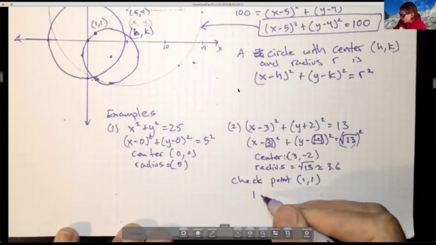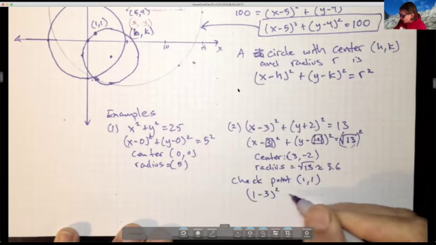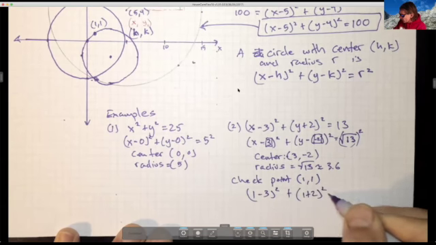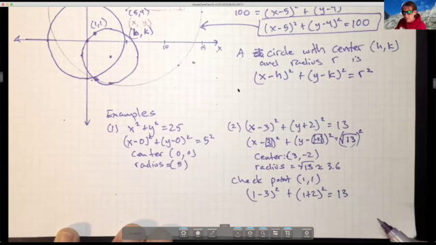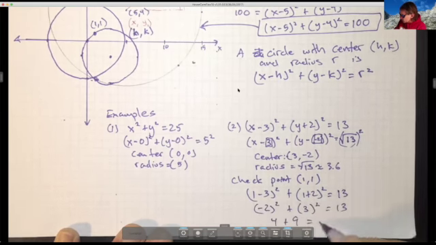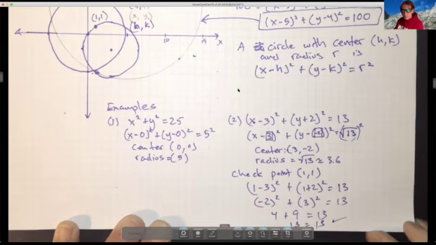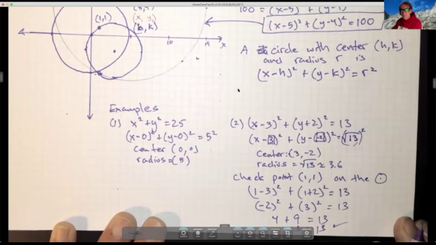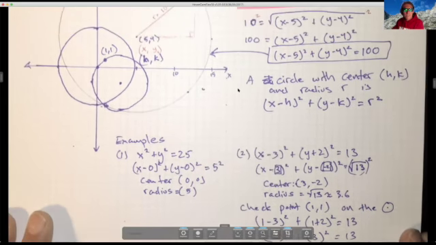So the x is 1, so it's 1 minus 3 squared. The y is 1, so that's 1 plus 2 squared equals 13. And just solve that to see if it's on the circle. Yep, it's on the circle. So that's how I would check to see if a point is on the circle.